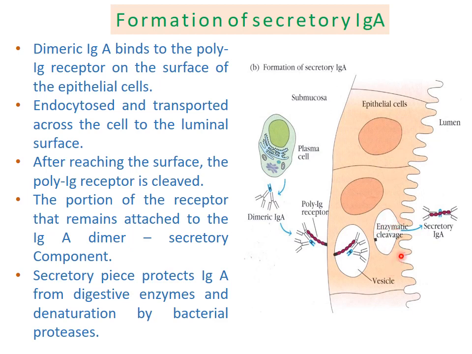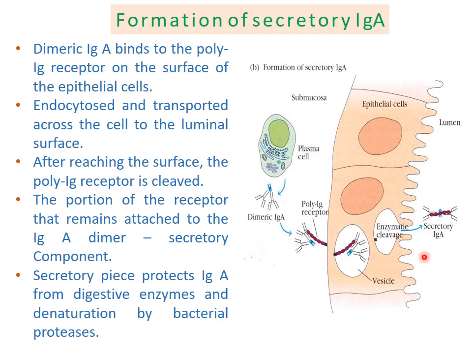On the luminal side, enzymatic cleavage occurs. A portion of the poly-Ig receptor remains attached with the IgA and the rest is released. So which portion of the poly-Ig receptor remains attached with the secretory IgA, secreted from the luminal side of the epithelium? It is called the secretory piece.